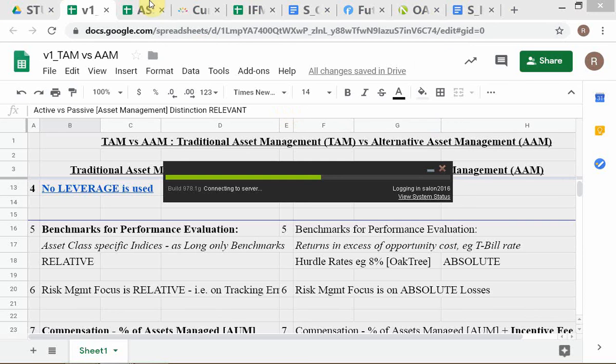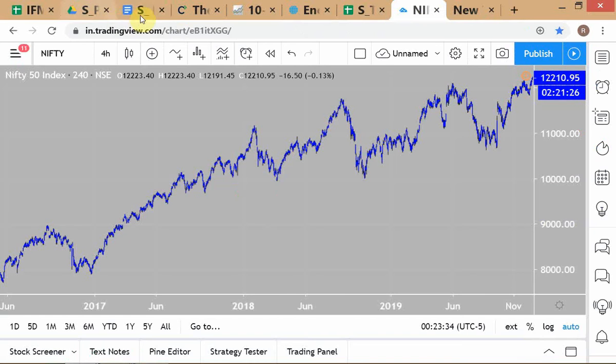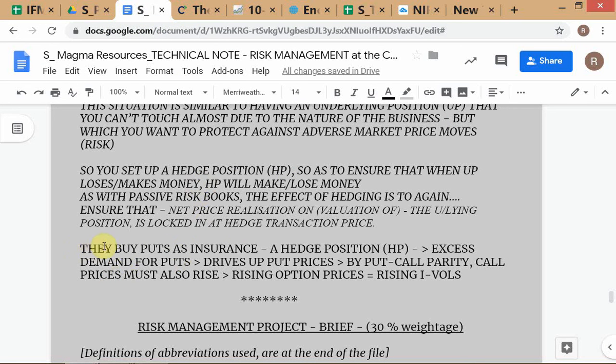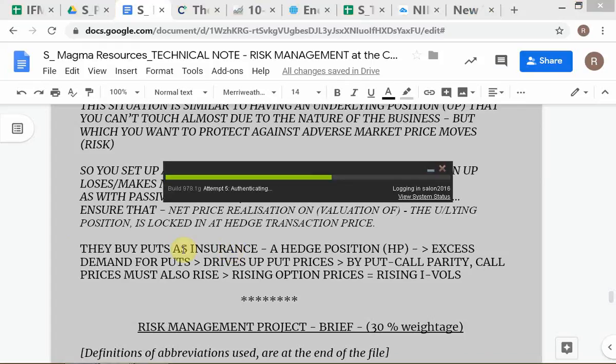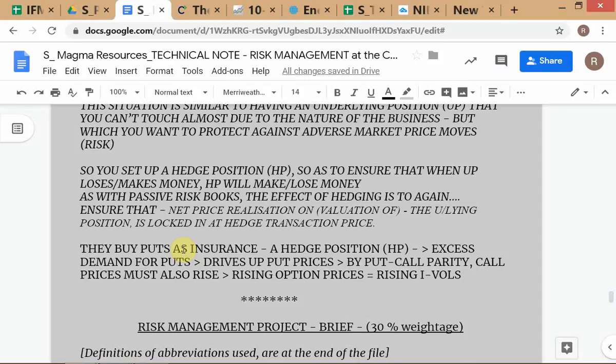You buy puts as a hedge, insurance as a hedge position. You understand? A put is basically insurance, just like insurance contracts. You're worried about the market dropping, so you buy a put, and the put serves as insurance, because if the market drops, the put will make money. Is everyone following the logic?